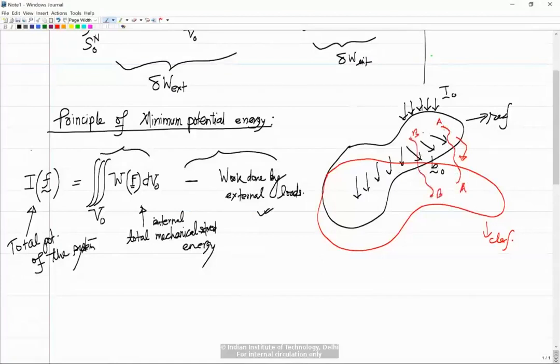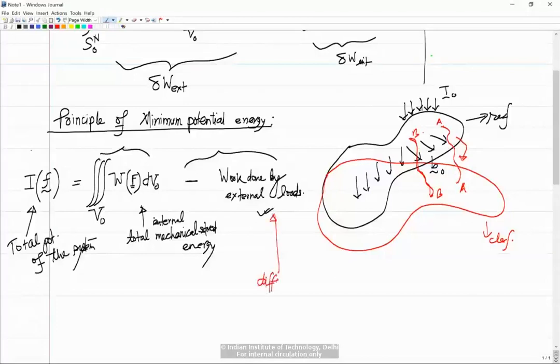And you have to then integrate over that path to get the total work done, isn't it? But whenever you solve a deformation problem, you don't really know what is the path followed by the deformation. So therefore, it is difficult to write down the work done by external loads here.